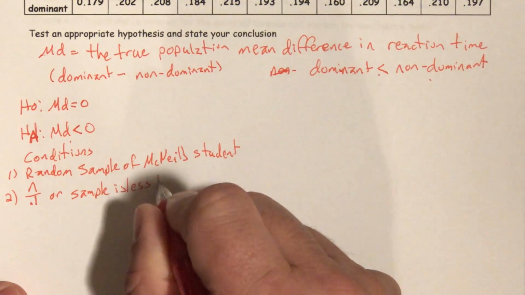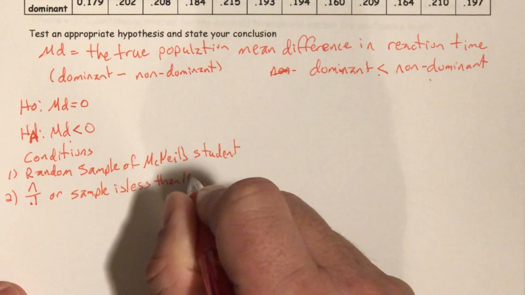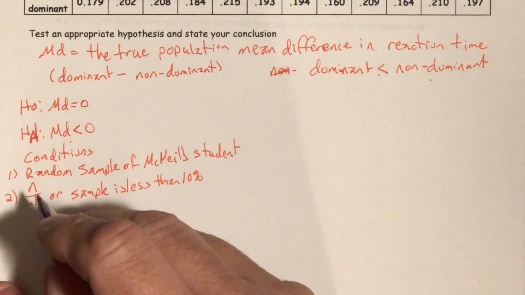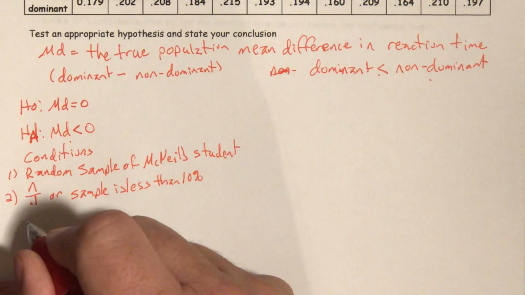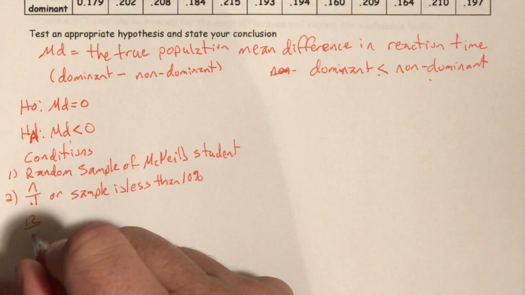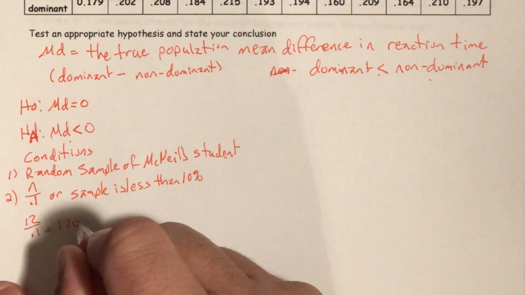In this case, we have 12 students, which is 12 divided by 0.1 equals 120.